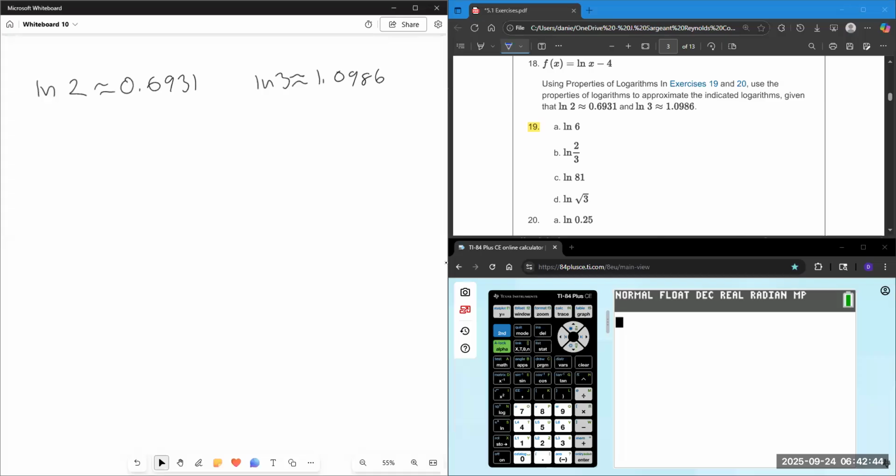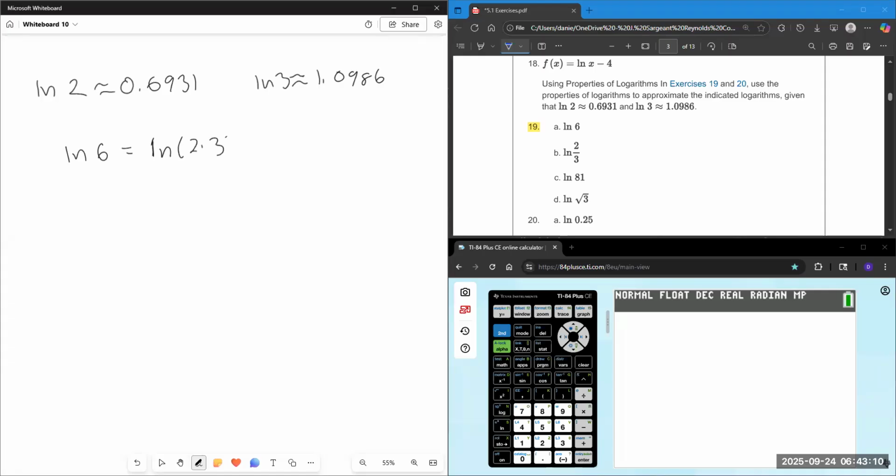And they want me to use some log properties to break these things down into their natural log components that have arguments that are prime numbers. So for instance, ln of 6 is equal to ln of 2 times 3.